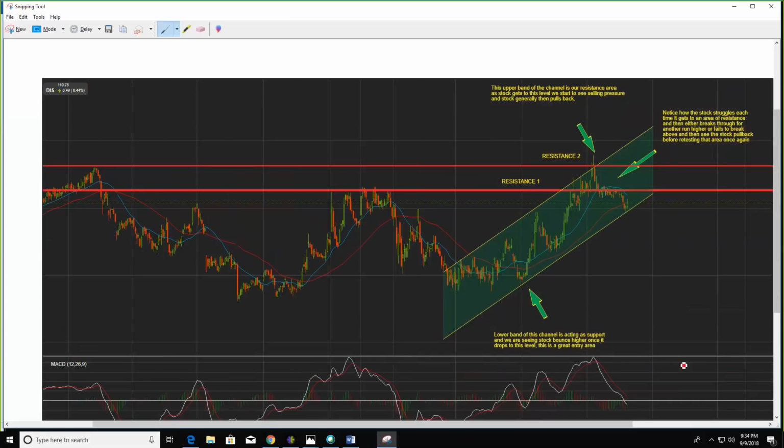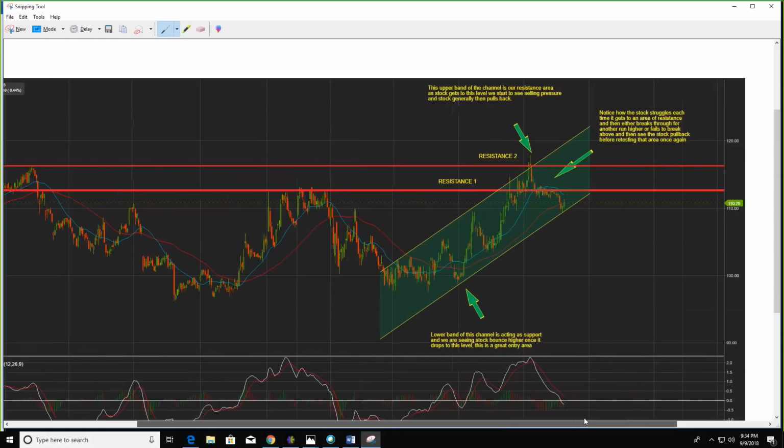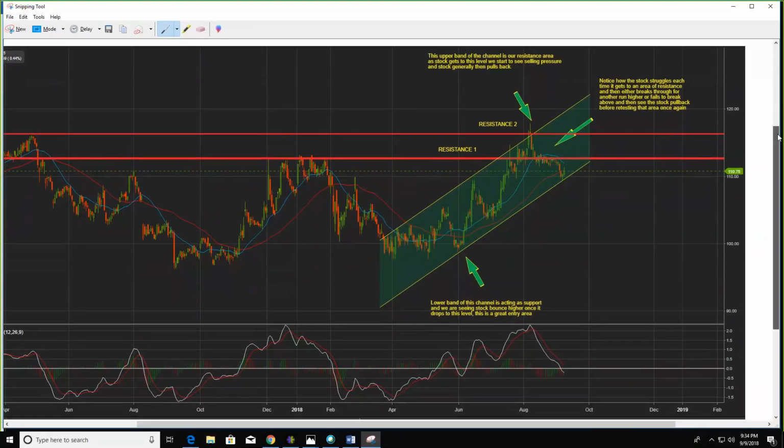So if we enter into this trade, what do we want to happen? Well, if we enter right here where the stock's currently at, that's our entry at 110.75.